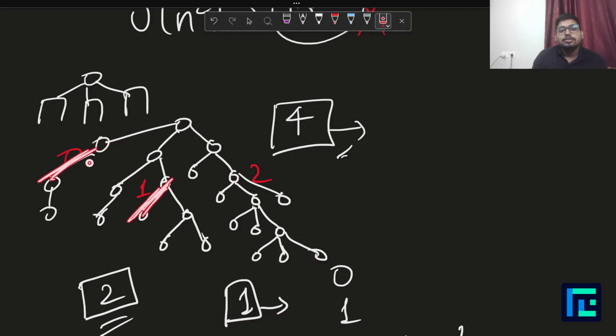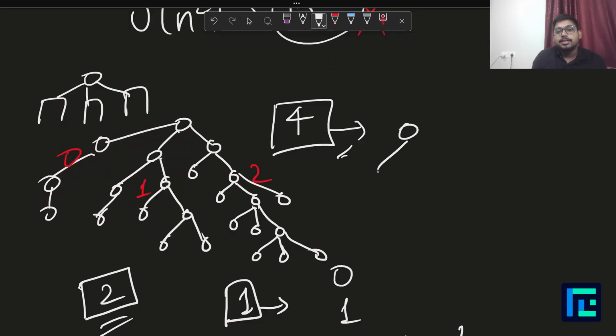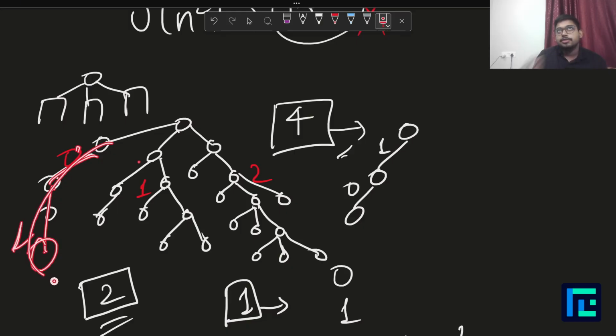Whatever two edges you take, if they are in different subtrees, then whichever is the node just above each edge, there would be a simple path between these two nodes, and in this simple path both 0 and 1 would come. And if one is below the subtree of the other, then it would definitely come.